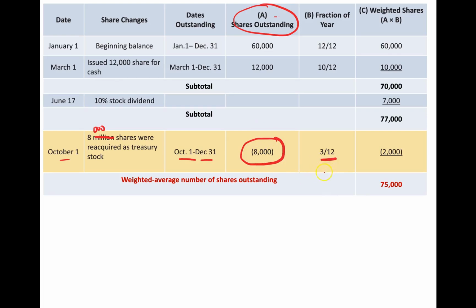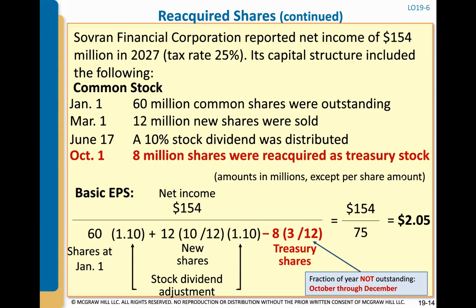They were no longer outstanding only for the last 3 months, 3 out of 12. So I reduce by 2,000, because 8,000 times 0.25 is 2,000. I had 77,000 weighted shares, and now reducing it by 2,000, my weighted average number of shares outstanding is 75,000.